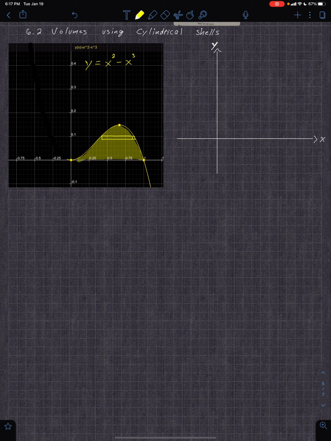Okay, so if these were, did I say shells? Washers. If these were washers, we'd be going like that. But then you have an outside and an inside. But now this is delta y. So it would be the case above where you have a delta y. And so you'd have outside, this would be like your f of x. And this would be your g of x. Oops, not x.